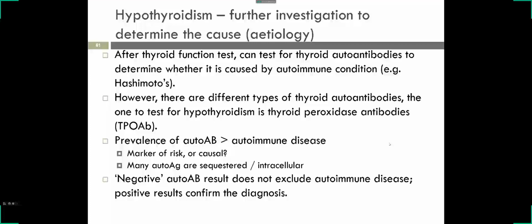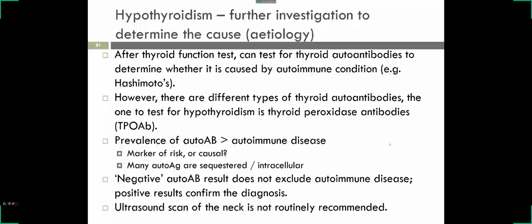So you can't always count it out with a negative result, but a positive is definitely affirmative. And then typically, as I mentioned earlier, for hypothyroidism, blood tests usually can provide the answer to you. And you don't usually need an ultrasound scan of the neck.